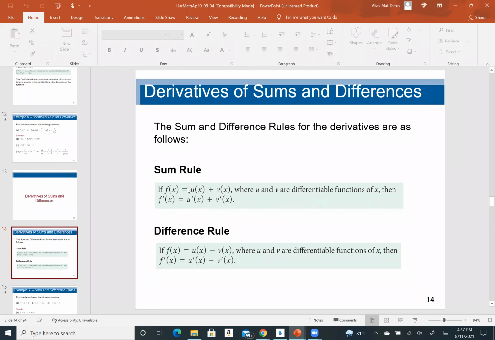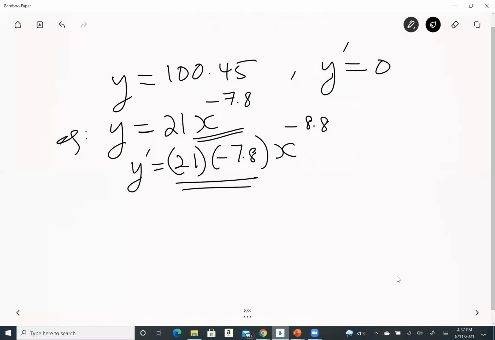So what we do here is differentiate each of the terms. You get u prime plus v prime. That is the sum rule. You differentiate each term and then add them up. Here you can have two or more terms in x. In the formula they give you 3, but it can be 3, 4, or 5. Don't worry about the number of terms, as long as they are added to each other.